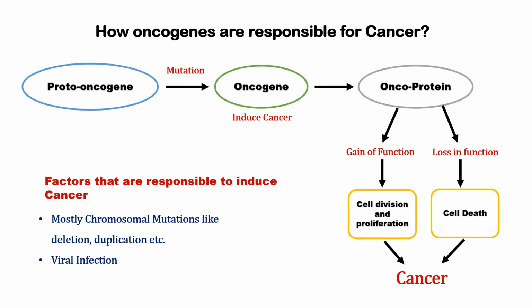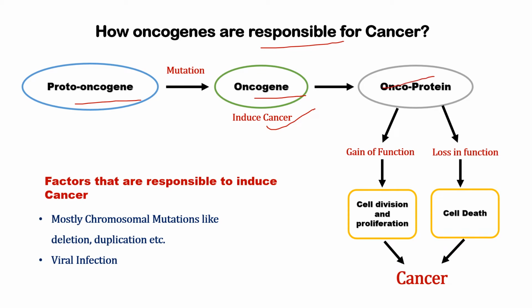So let's try to understand how these oncogenes are responsible for causing cancer in our body. When a proto-oncogene gets mutated, it forms an oncogene, which has the potential to cause cancer. When these oncogenes get translated, they produce oncoproteins.